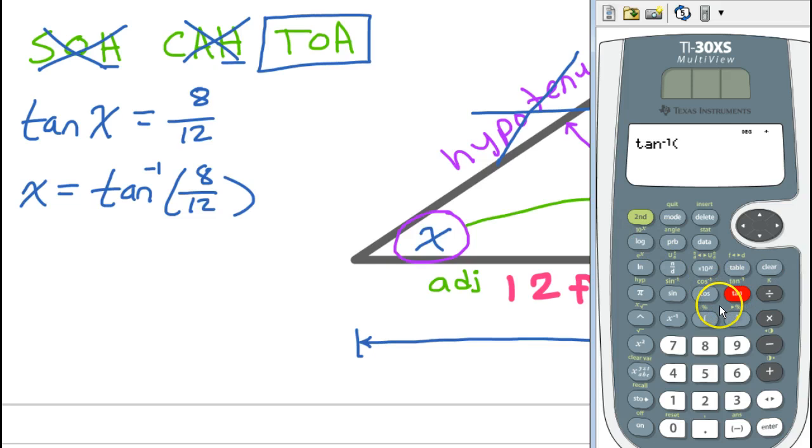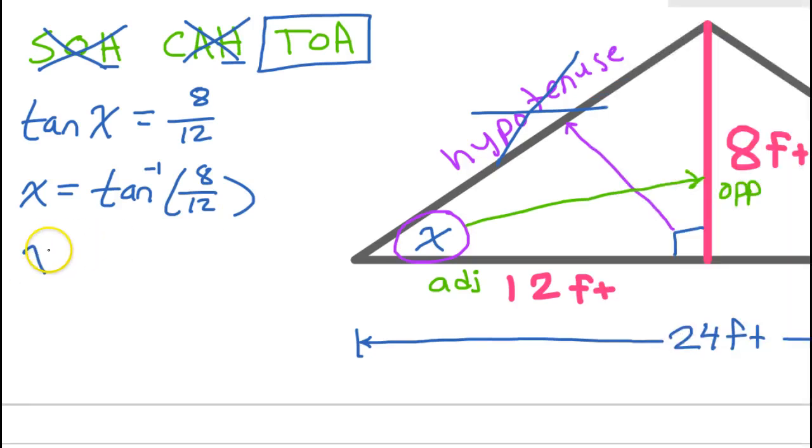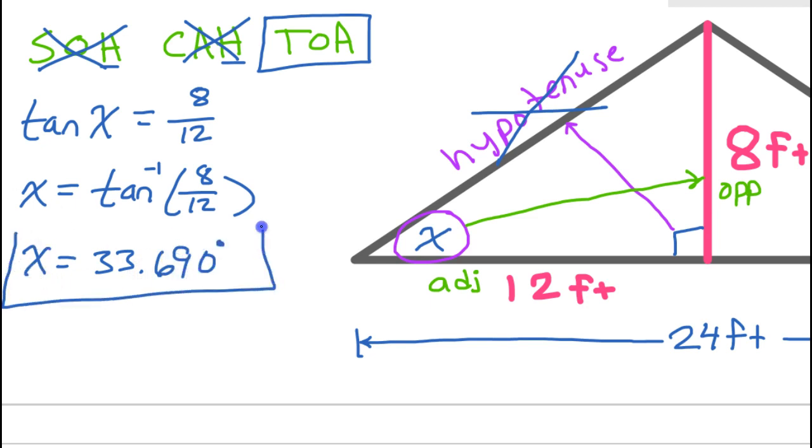Second tangent of 8 over 12: 33.690 degrees. That's what this angle needs to be for the truss to be 8 feet tall.